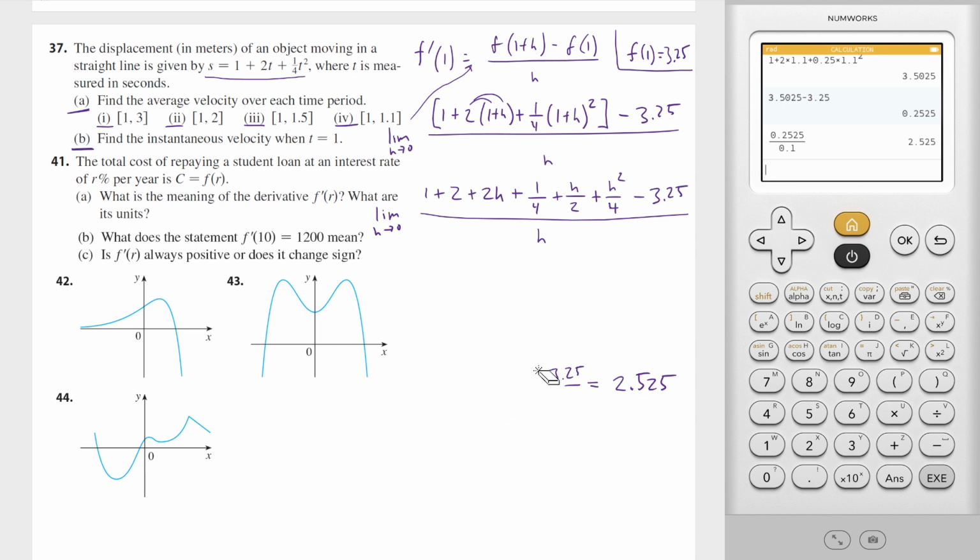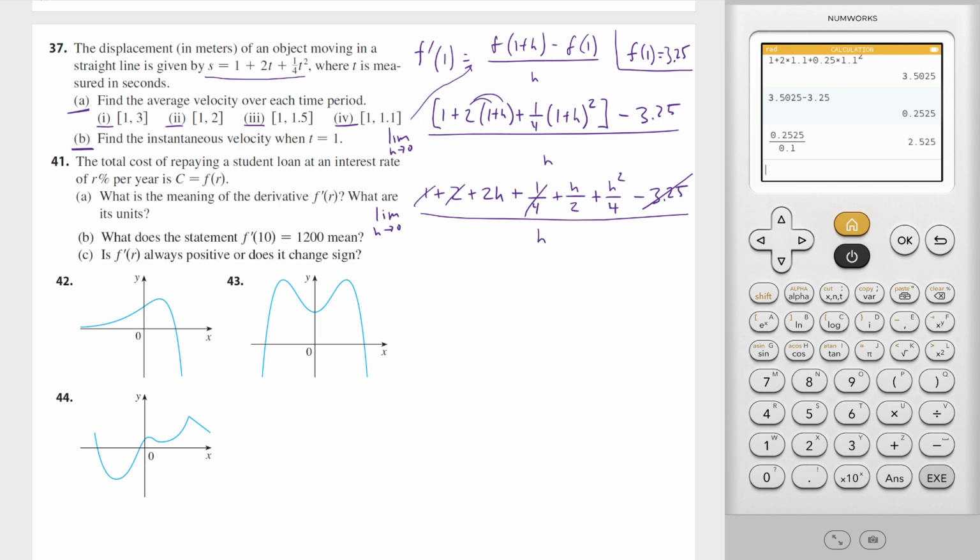I'm just going to erase the rest of this so I have as much space as I need. There we go. Okay, so first of all, notice that 1 plus 2 plus a 4th is 3.25. So positive 1 plus 2 plus a 4th is 3.25, and that's a negative 3.25. So that all cancels out. Then I have 2h plus h over 2.